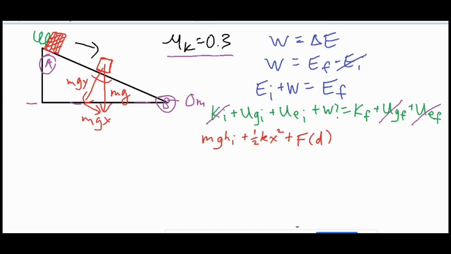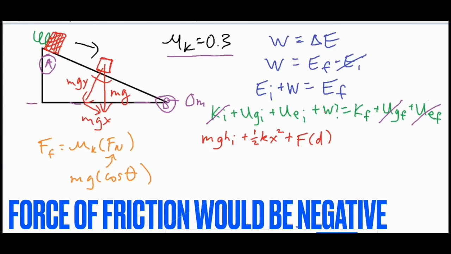The mg_y is going to be our perpendicular component to the ramp, which is equal and opposite of the normal force. So if we want to find the force of friction, which is mu times normal force, our normal force would be mg cosine theta.